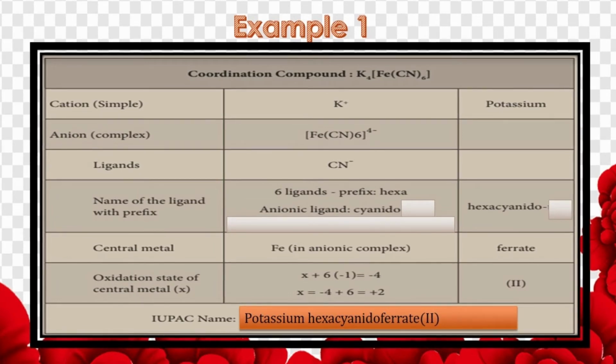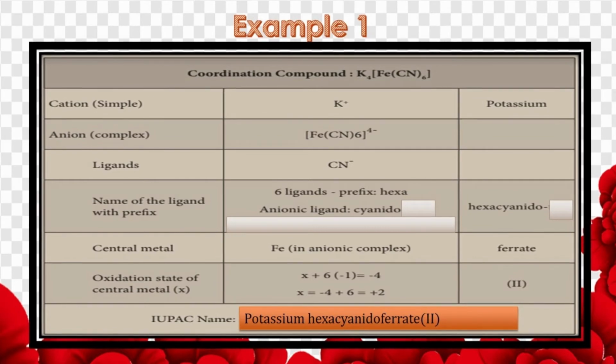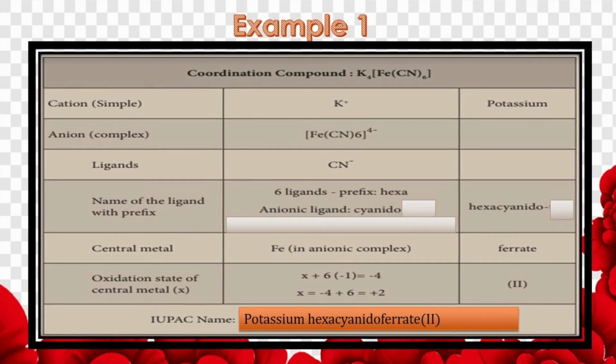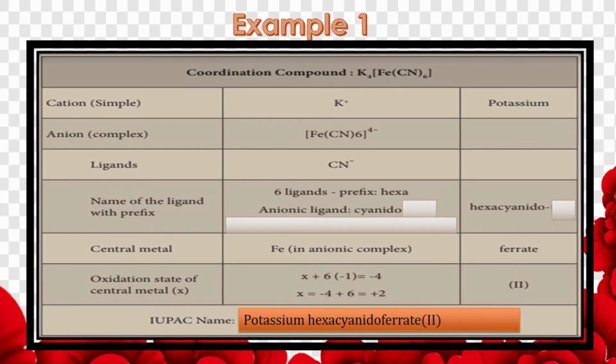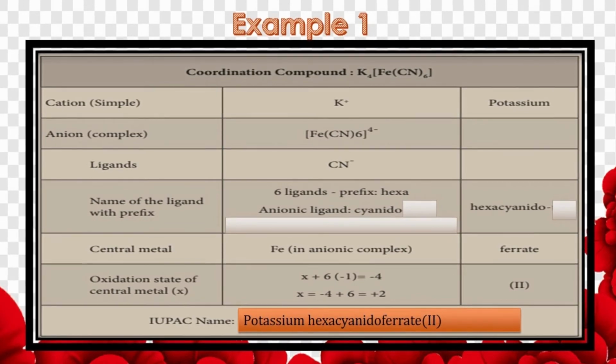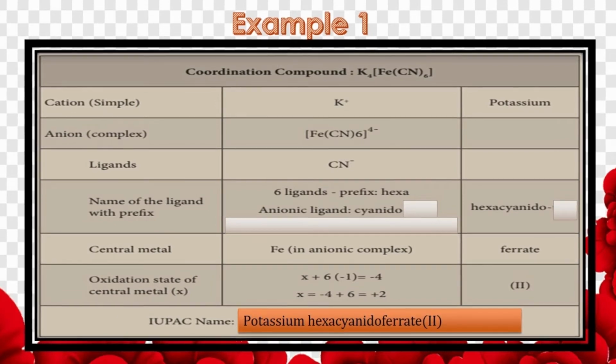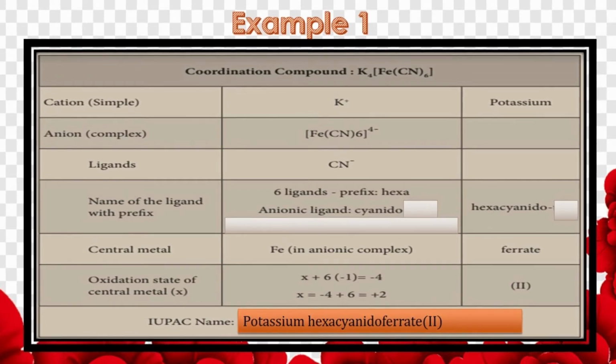Now try to find out the oxidation state of the central metal atom iron. We know the formula: the net charge on the complex is equal to the oxidation state of the central metal atom plus the number of ligands times the charge on the ligand. When you use this formula, you find the oxidation state of the central metal atom is +2.